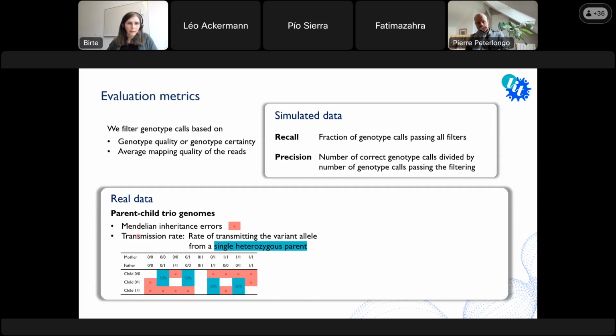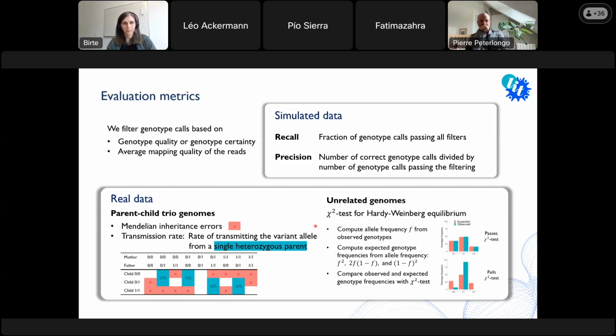And then the transmission rate is the rate of transmitting the variant allele from a single heterozygous parent. So when one parent is heterozygous, the other parent is homozygous, either reference or variant. And then the transmission from the heterozygous parent is expected in 50% of the cases. So you expect the transmission rate to be close to 50% if you have good genotyping.